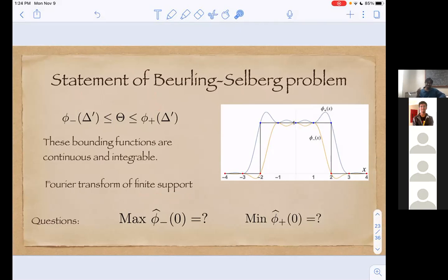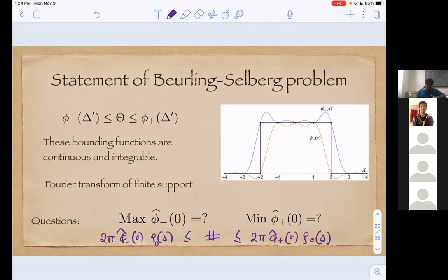Once you fix that, you ask these two questions. What is the maximum value of phi minus hat 0? And what is the minimum value of phi plus hat 0? This is the problem of Beurling and Selberg. And if you recall, our inequality was also precisely in this form, where I had twice pi, phi minus hat 0, rho 0 delta, some stuff sitting here, and twice pi, phi plus hat 0, rho 0 delta.